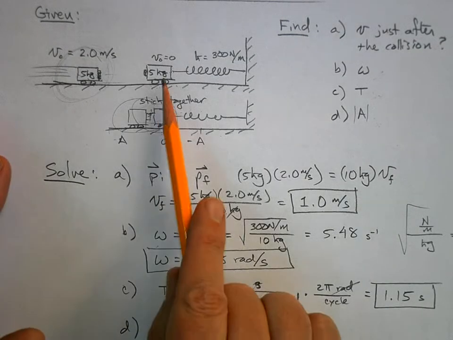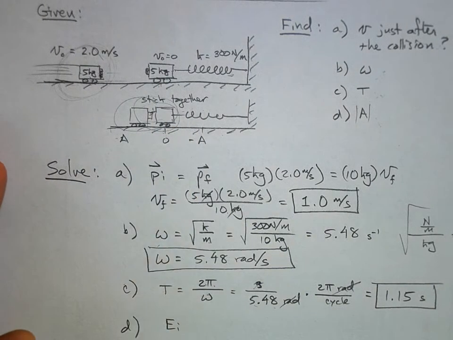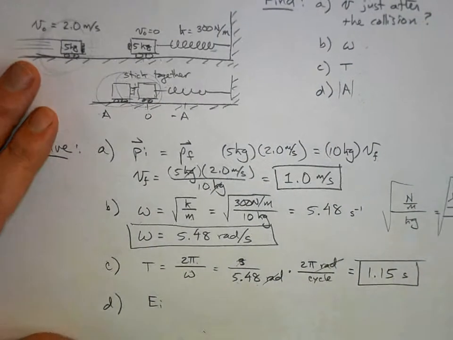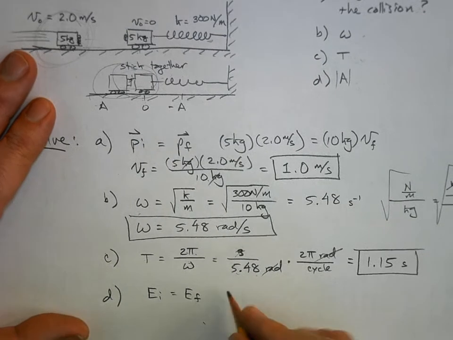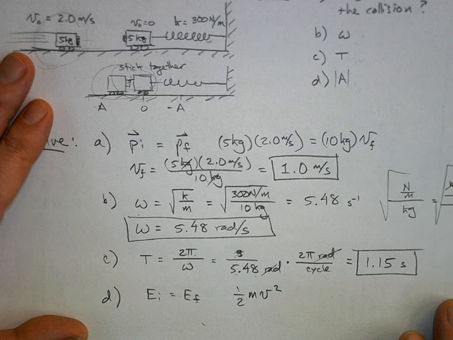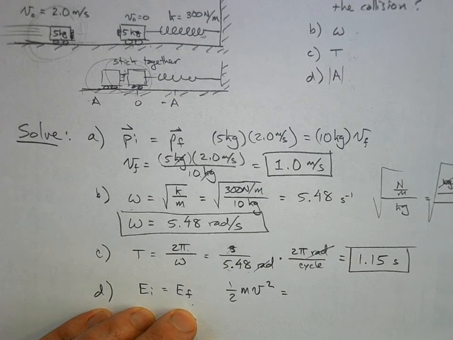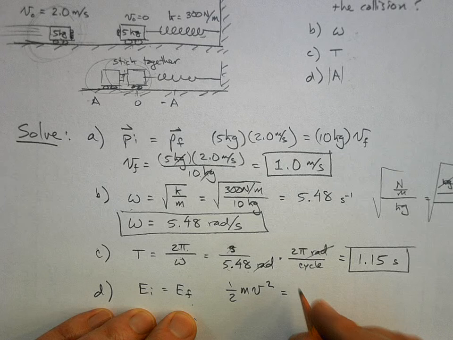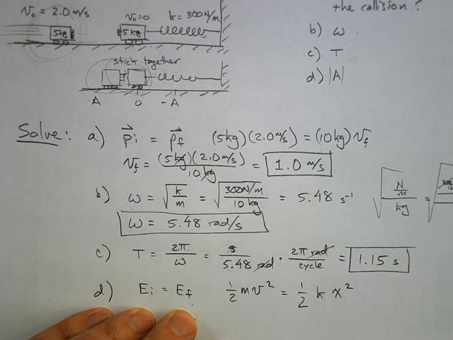But it's the kinetic energy it has after it hits that squishes in the spring. So that's what you have to use. Well, E initial was 1/2 mv squared. And then E final was the energy stored in the compressed spring, which you should know. Now it's 1/2 k x squared.